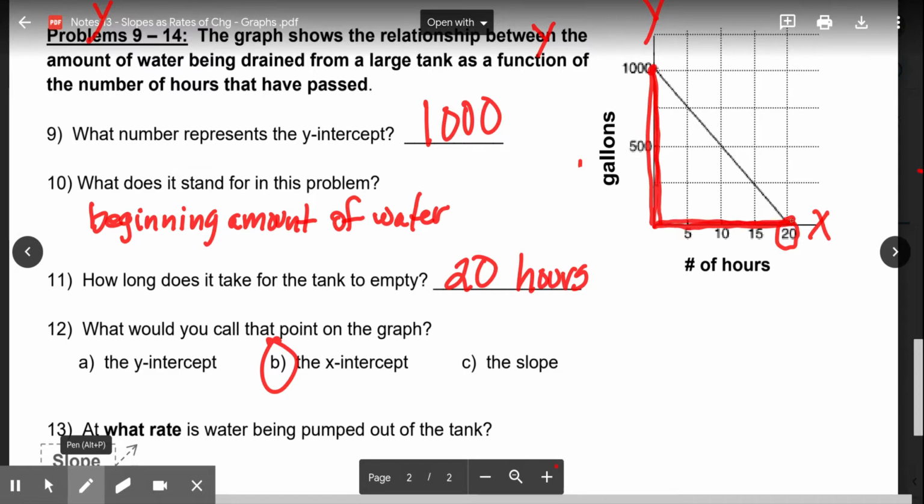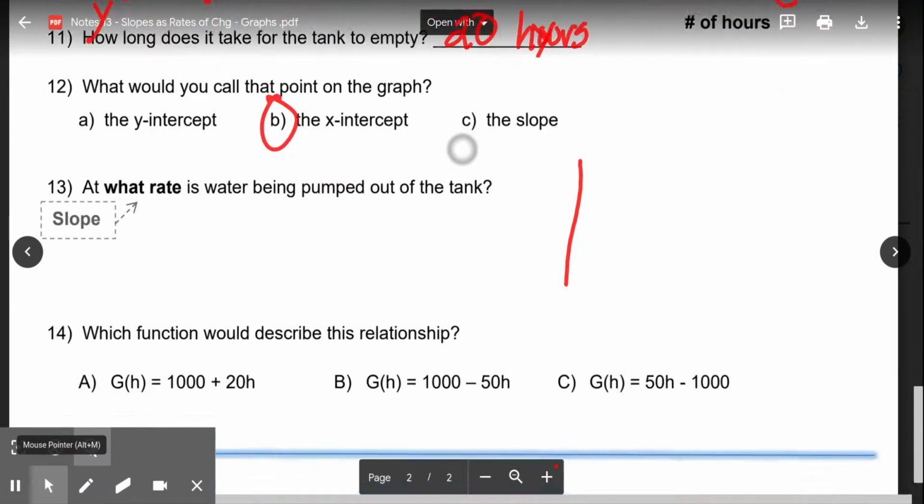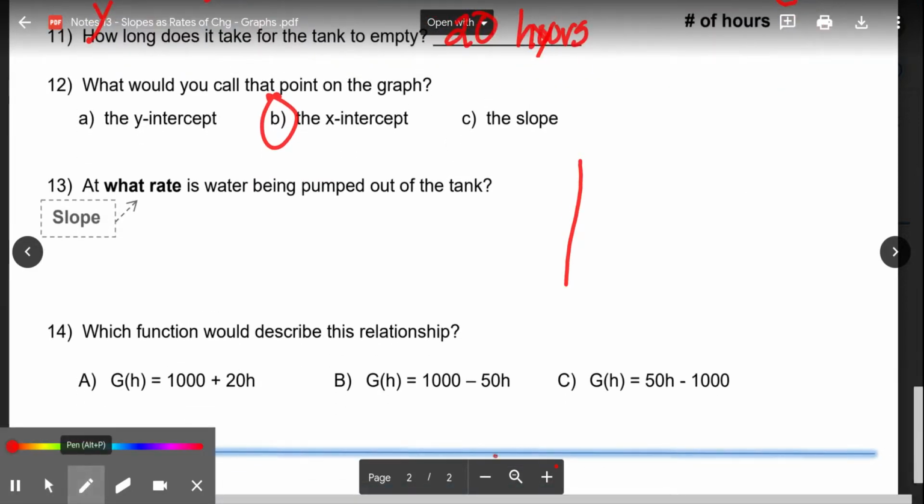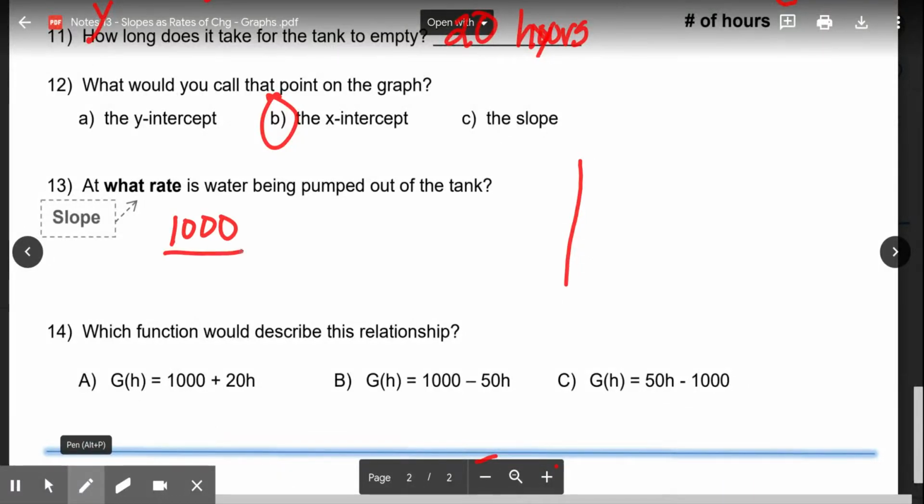So then what you could do is go 1,000 divided by 20. The zeros would cancel out, and 100 divided by 2 is 50. So this is 50 gallons per hour.